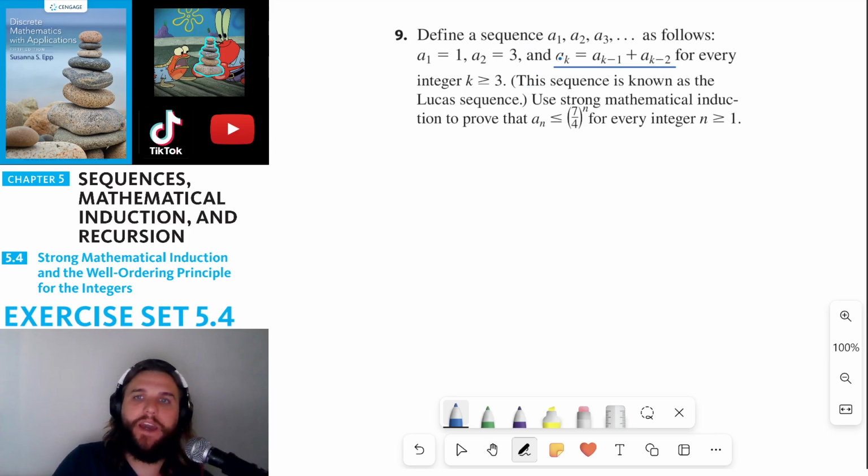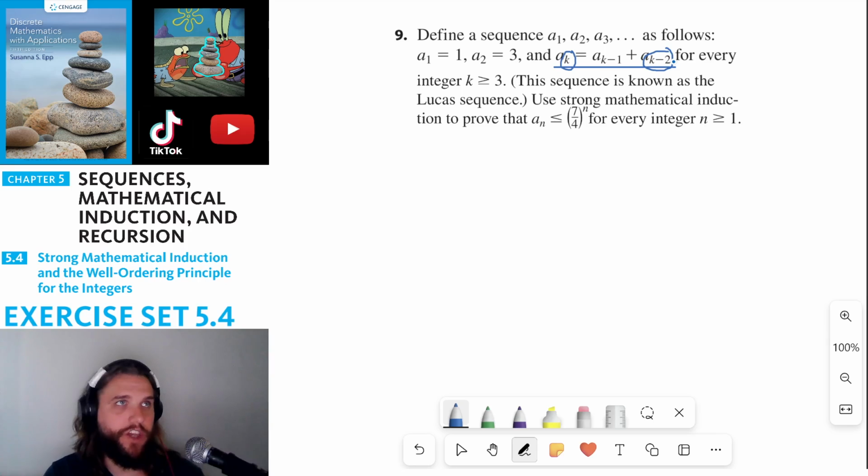And in this case, because the gap between the largest index and the smallest index is 2 in the recurrence relation, we're going to need to prove 2 base cases, and we're going to need strong mathematical induction. We won't need the entire inductive hypothesis, but we'll need certain parts of it to be able to prove P of k plus 1 when we get there.